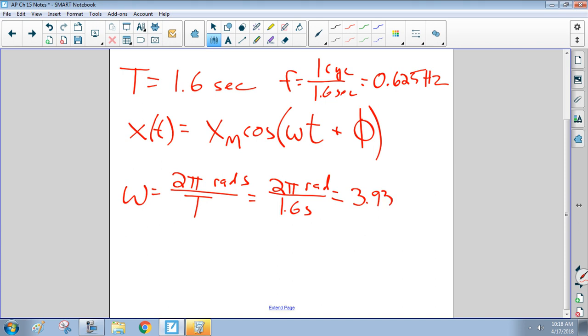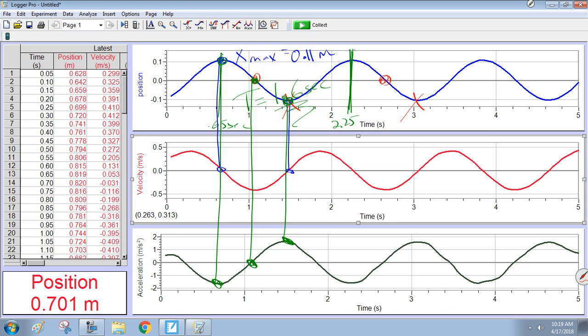And what are the units there? Radians per second, right? Follow? Okay, cool. So the only other thing we need to figure out is what phi is. What did we decide that was called? Phase constant? Yeah, so we need to find our phase constant, this phi. So, how can I find phi?